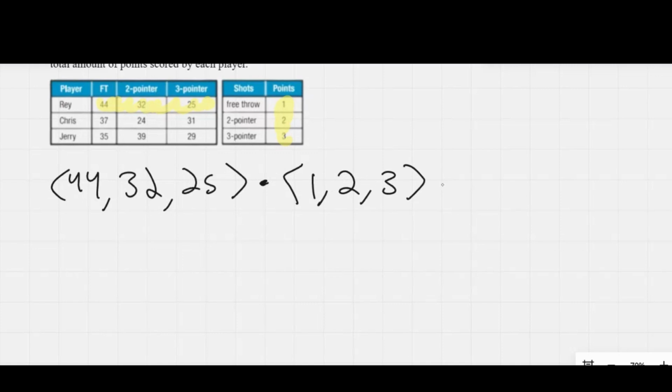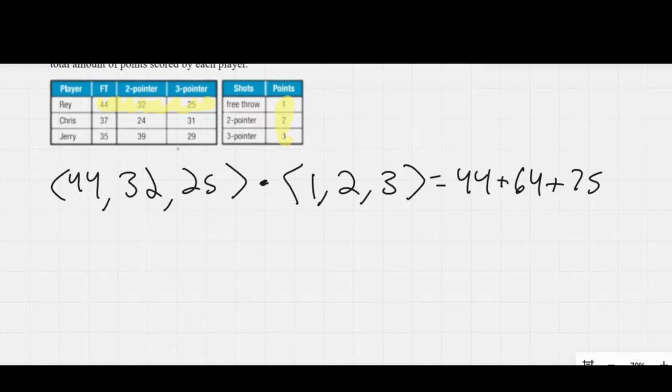So we have 44, 32, 25, and that's for Ray. The point totals are 1, 2, 3, so that's equal to 44 plus 32 times 2, which is 64, plus 25 times 3, which is 75.